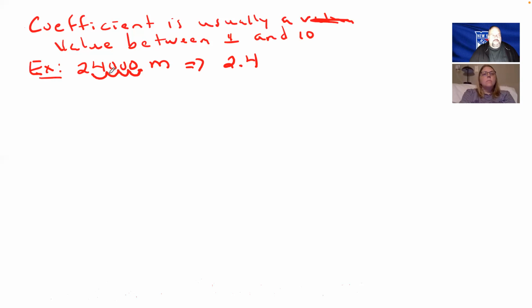If I move it twice, 240. If I move it 3 times, 24. If I move it the 4th time, 2.4. So in this case, 2.4 would be my coefficient. So that's going to be then times 10 to some power.